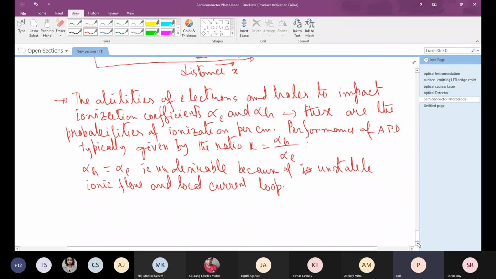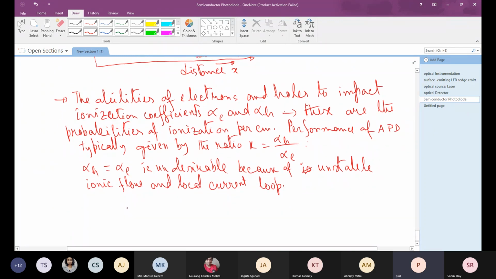To avoid the local current loop, often it is necessary that the depletion zone and this multiplication zone be separated.